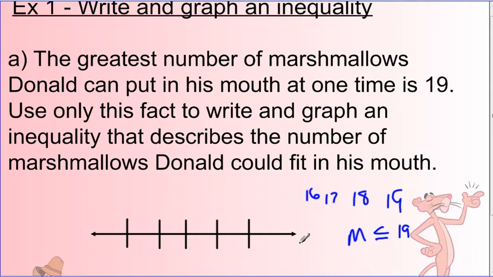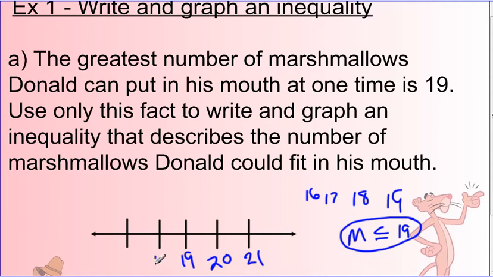The way that we graph a solution to an inequality, which, by the way, this is an inequality, is I put my solution, this 19, in or around the middle. So 19 there. These other lines just get numbered normally. So bigger than 19 is 20 and 21.